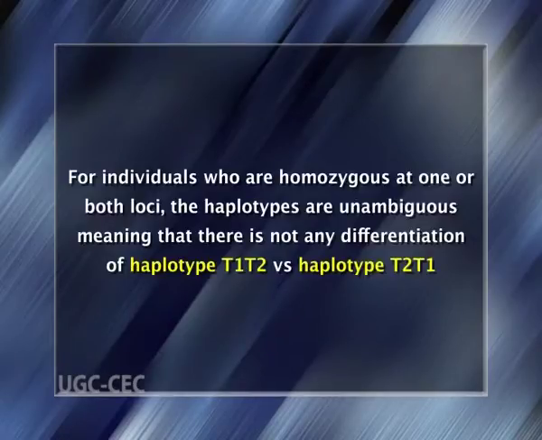For individuals who are homozygous at one or both loci, the haplotypes are unambiguous, meaning that there is not any differentiation of haplotype T1, T2 versus haplotype T2, T1. T1 and T2 are labeled to show that they are the same locus, but labeled as such to show it doesn't matter which order you consider them in; the end result is 2 T loci.